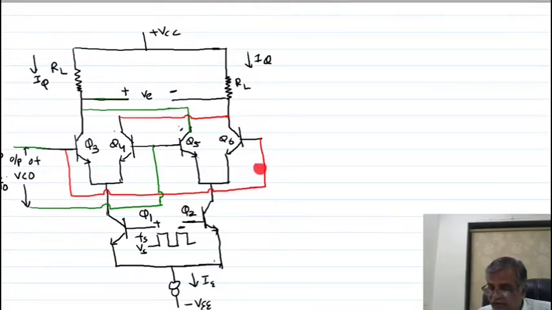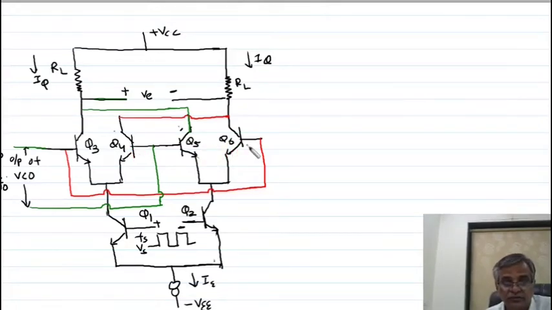Bases of Q3 and Q6 are joined. The output of phase detector, VE, is measured at the collector of Q3 with respect to the collector of Q6. The input is given to the base of transistor Q1 with respect to the base of Q2 of the differential pairs Q3, Q4 and Q5, Q6.